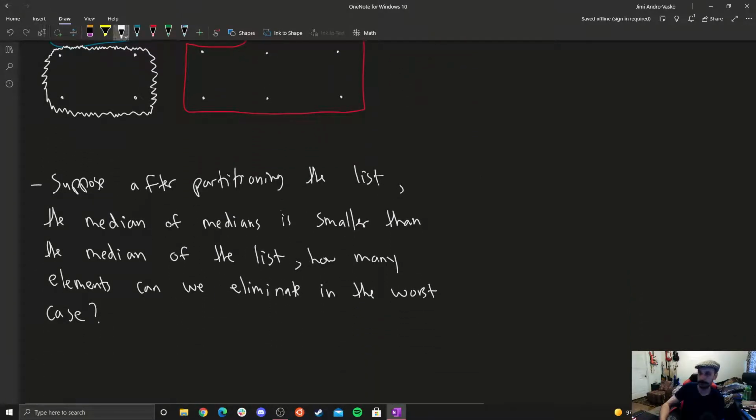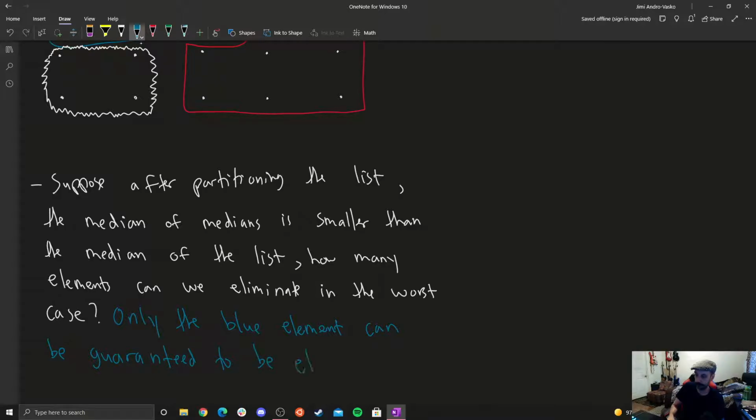So let me say, kind of informally, only the blue elements can be guaranteed to be eliminated.